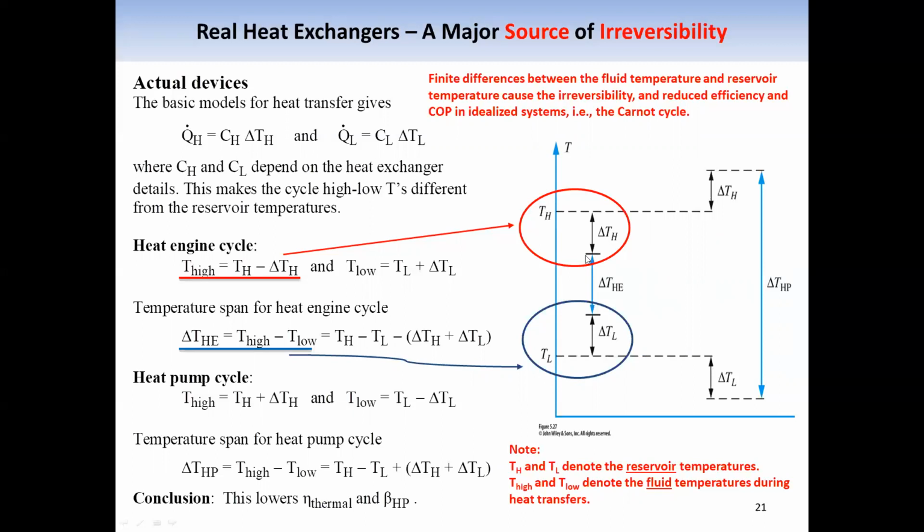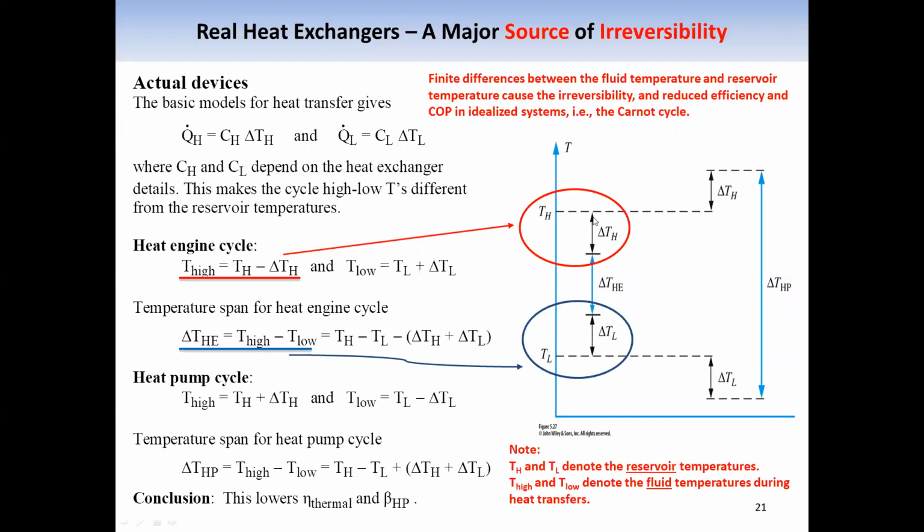There is a finite temperature difference between the working fluid and TH. And the working fluid temperature is designated by T sub high. And that causes the irreversible heat transfer.